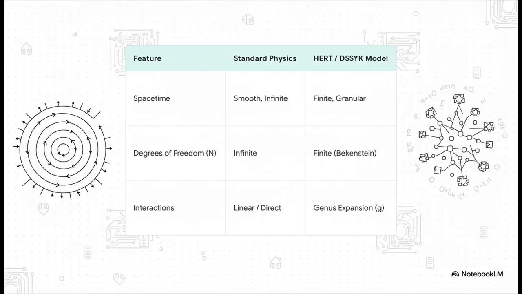uncompressed data. Now, look, this isn't just some clever metaphor or a sci-fi idea. It actually finds mathematical support in concepts like the double-scaled SYK model. What these models describe is a universe with a finite amount of information, just like a hard drive, where all these complex interactions can be mapped out in a way that lines up perfectly with this computational framework.